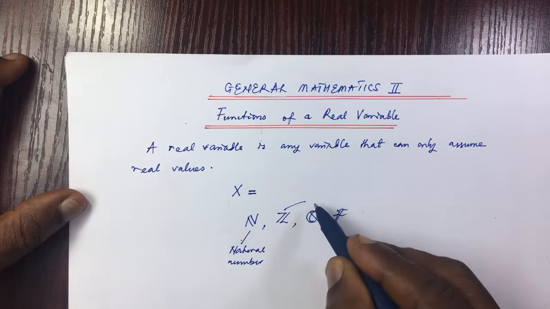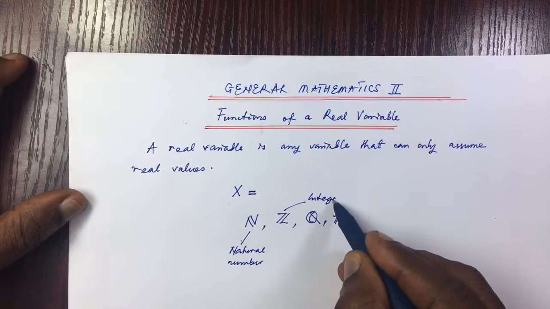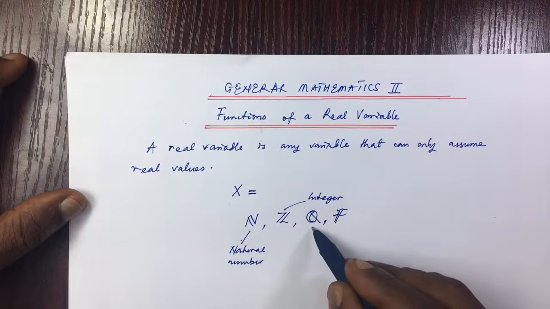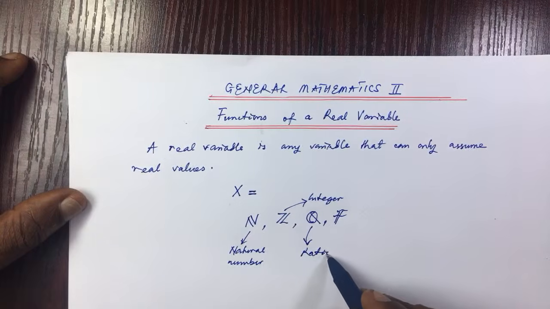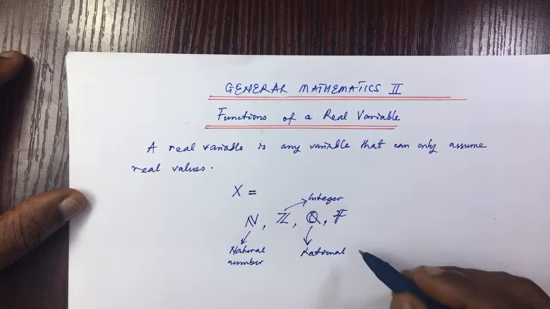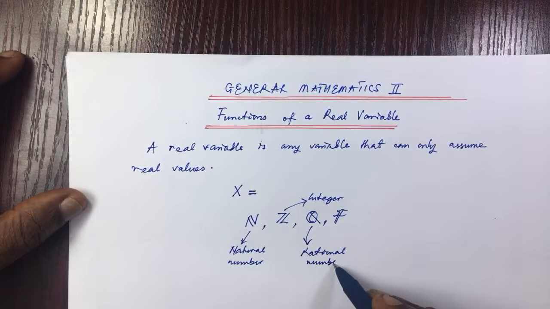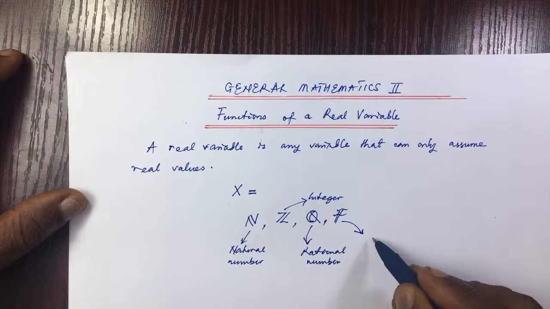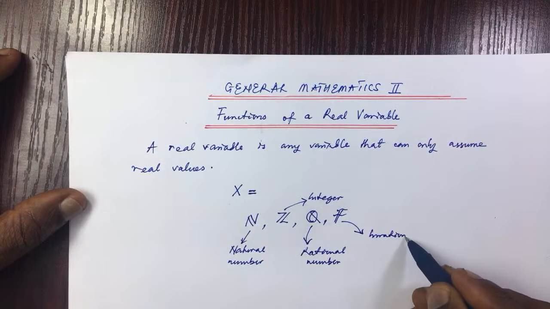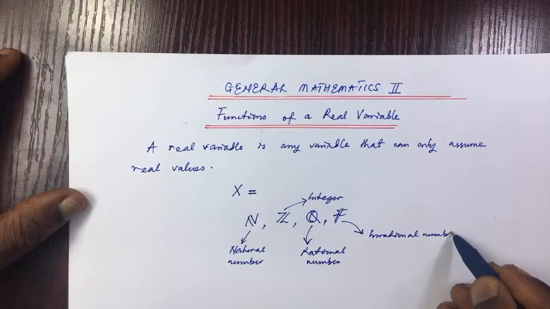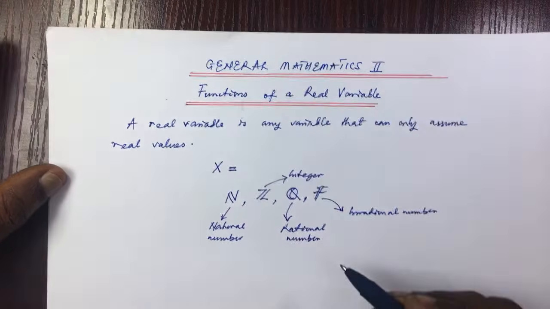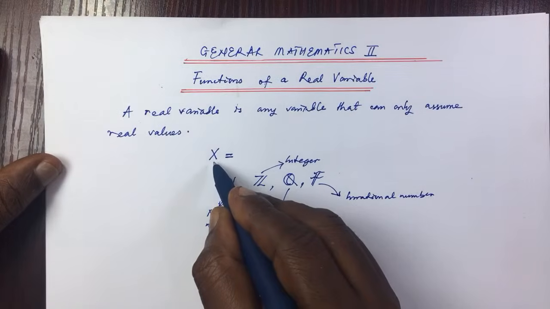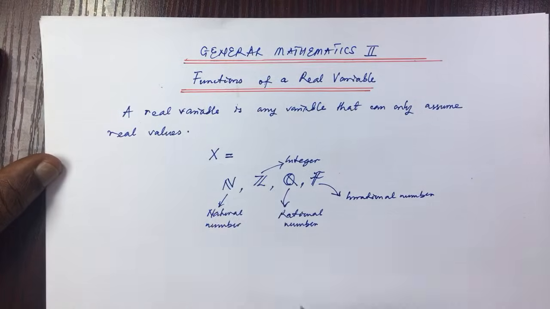X can also assume an integer denoted by the symbol Z. X can assume a rational number denoted by Q, or x can be an irrational number denoted by this type of F. Now, it means that on no account will x, defined in this case as a real variable, assume a complex number.